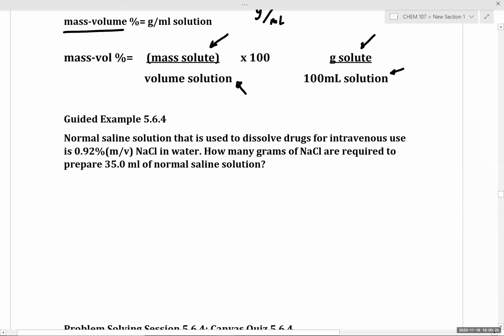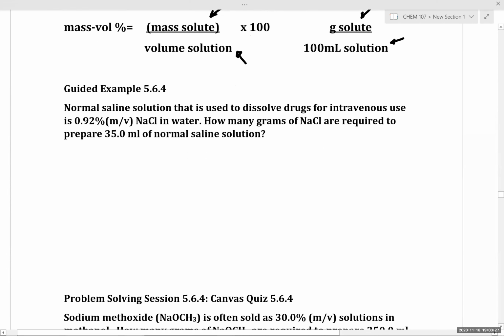So let's look at an example. A normal saline solution is often a 0.92% mass over volume solution of sodium chloride in water. And we're asked how many grams of sodium chloride are required to prepare 35 milliliters of saline solution. Okay, so we know our mass over volume percentage.